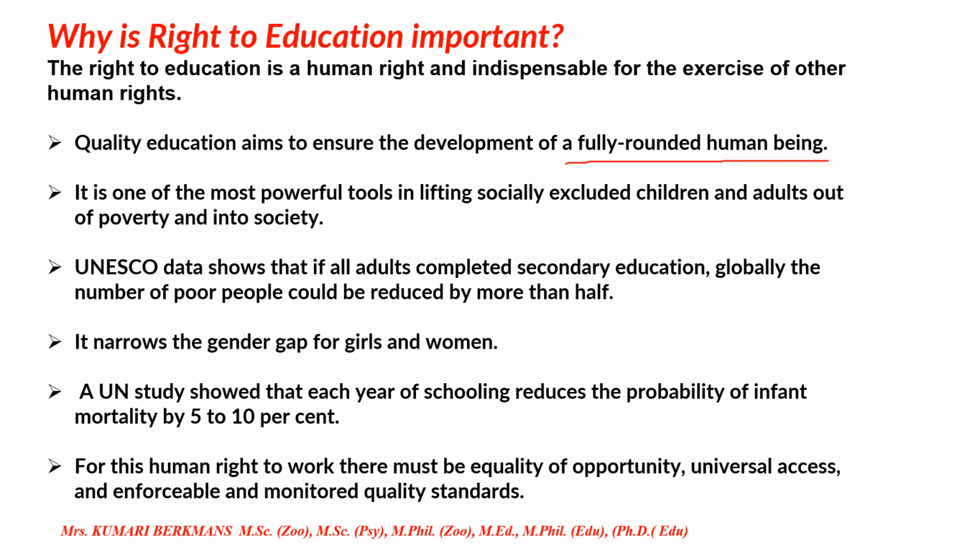So education is very, very important for the fully rounded development of a human being. It is one of the most powerful tools in lifting socially excluded children and adults out of poverty and into society. And education removes poverty also.